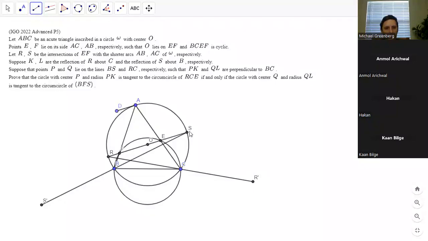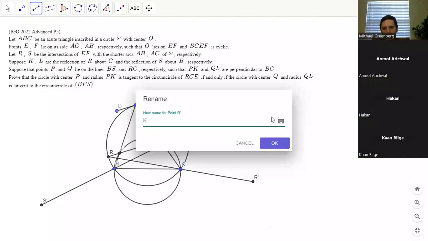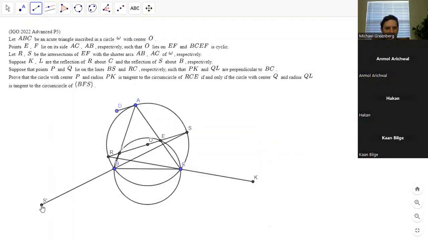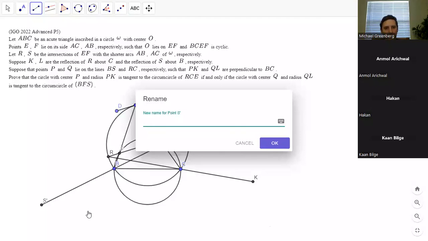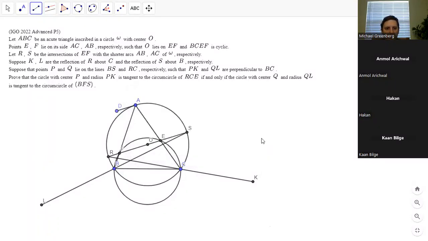P and Q lie on BS. This is K. And this is L. P and Q lie on those two such that PK and QL are parallel to BC.